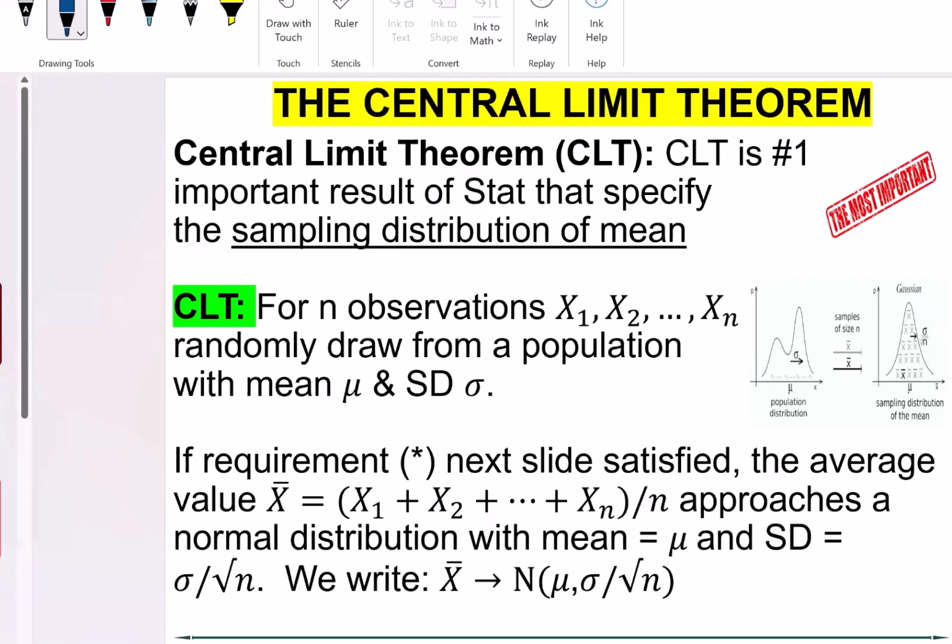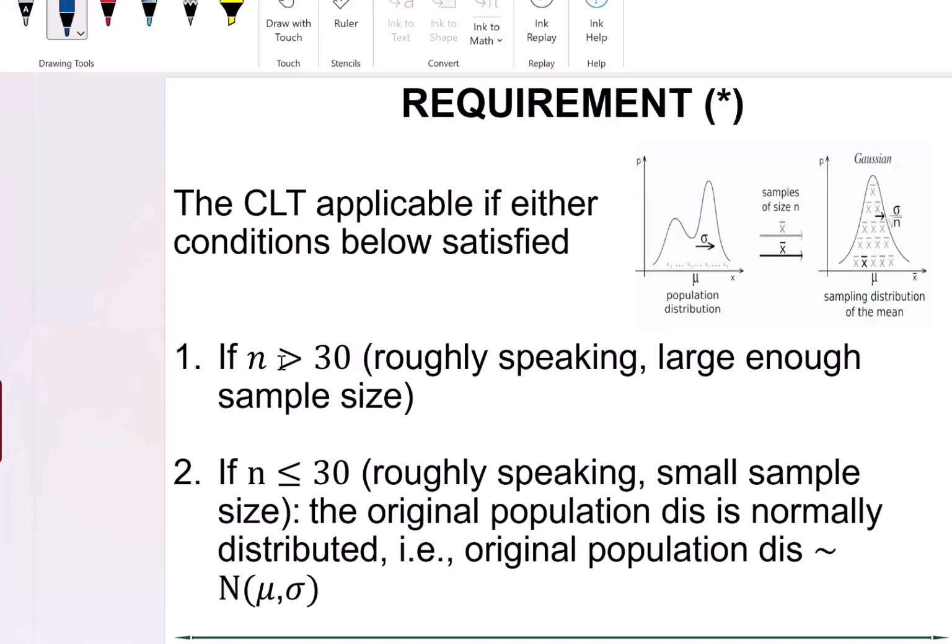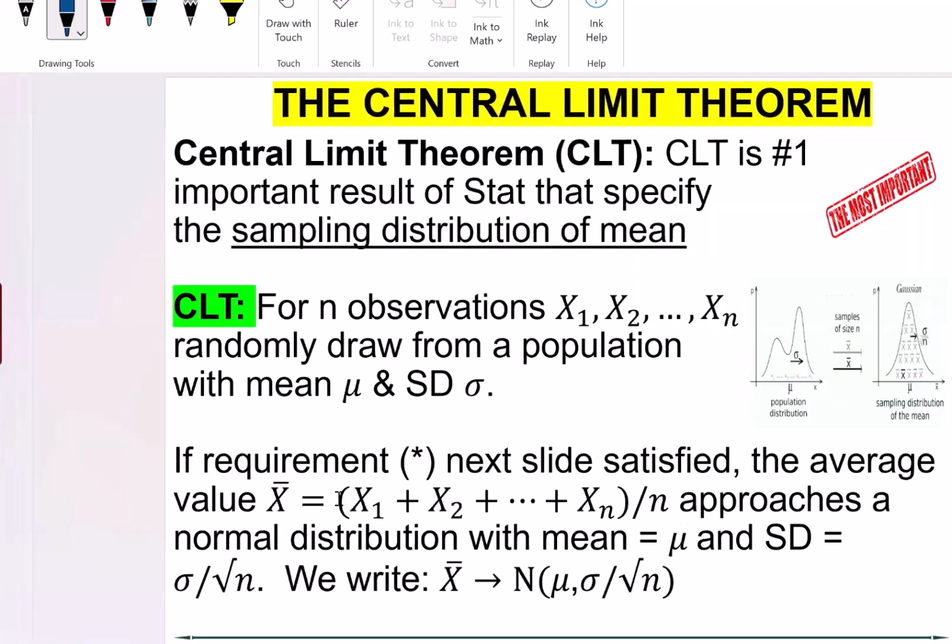If the requirements star in the next slide are satisfied, so star, which in this case our n is 100, so it's even better than part A. It's bigger than 30, so the central limit theorem is applicable here. Then our x bar, equal to x1 plus x2 plus till x100 divided by 100, approaches a normal distribution with mean mu and standard deviation sigma divided by square root n.